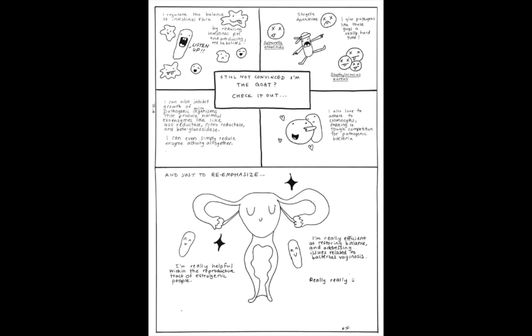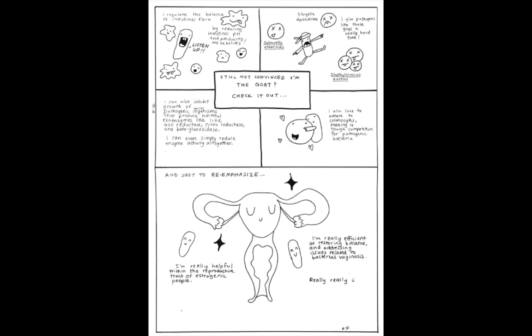Check it out. I regulate the balance of intestinal flora by reducing intestinal pH and producing metabolites. I give pathogens like these guys a really hard time. I can also inhibit growth of pathogenic microorganisms that produce harmful exoenzymes, like azoreductase, nitroreductase, and beta-glucosidase.